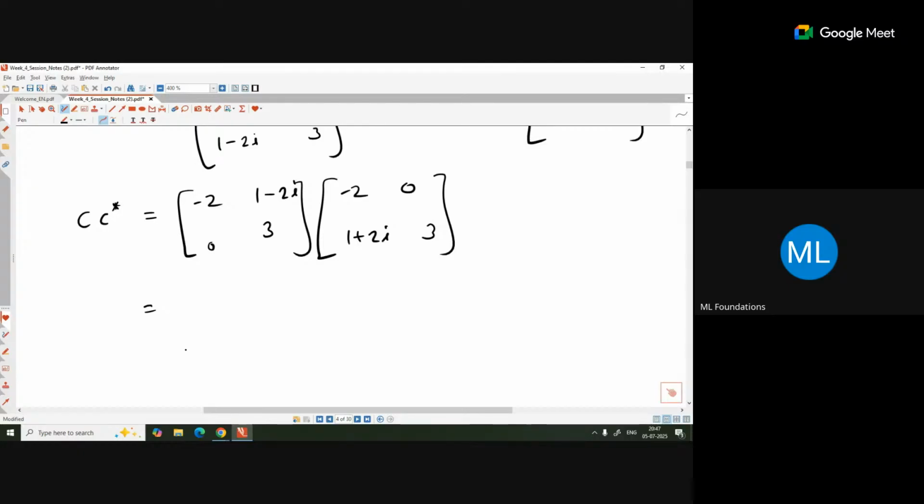That's going to be 4 plus 1 square minus 4i square, so this is 5. So it is 9, right?